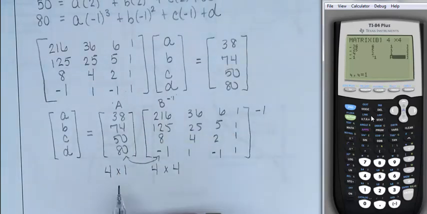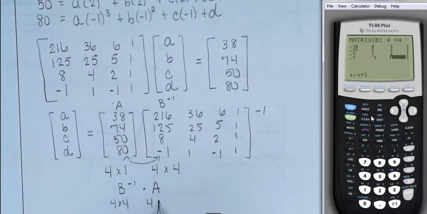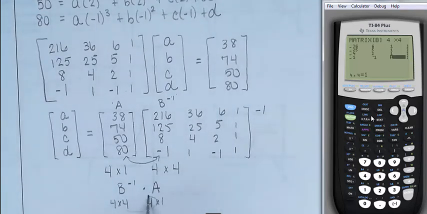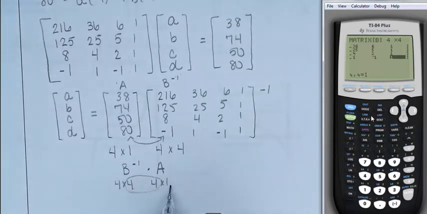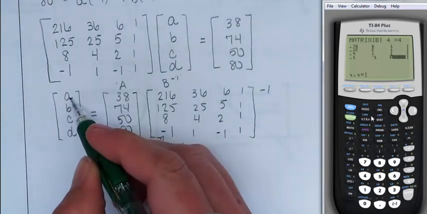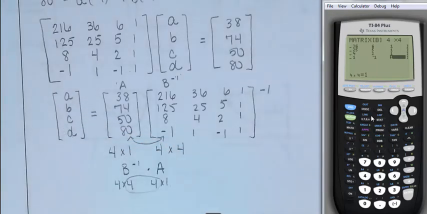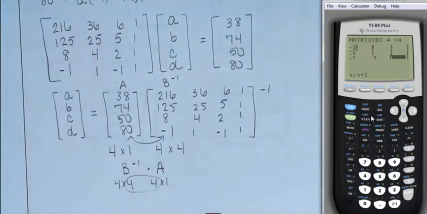So I should probably instead go B inverse times A. Does that make sense? Because then what I'll have is a 4 by 4 times a 4 by 1. That'll be okay, right? These match, and I'll be left with a 4 by 1, which is exactly what I want because I want the A, the B, the C, and the D. Okay, so when I do this, I need to do B inverse times A.